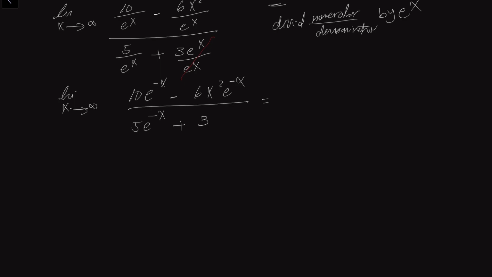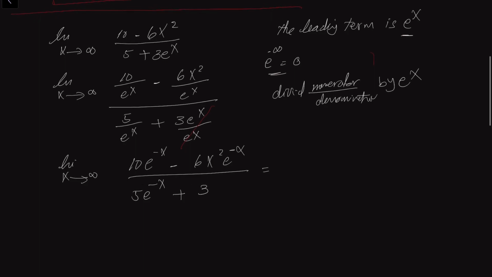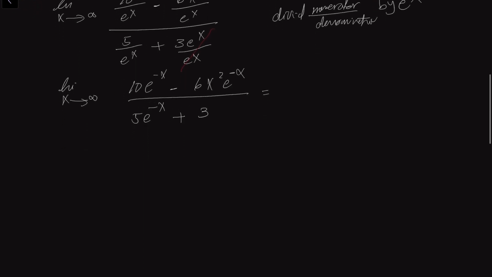We have the rule here: e to the negative infinity is equal to 0.